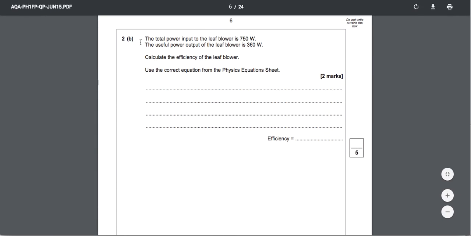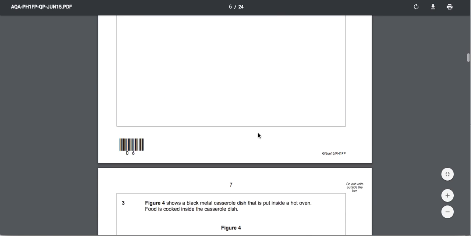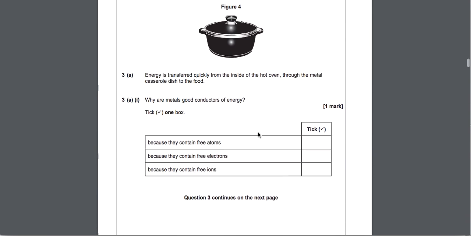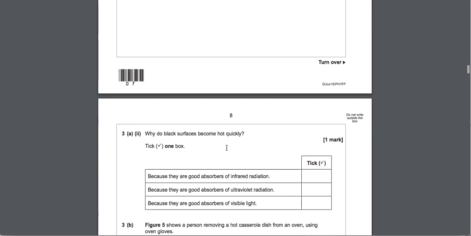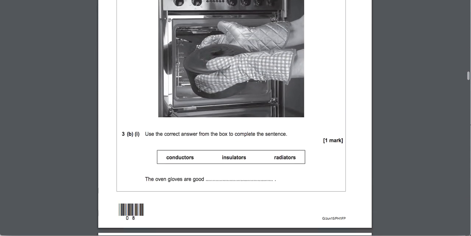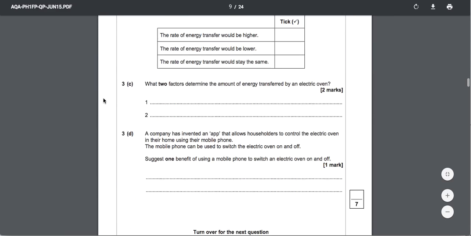And this would be a maths question. You have the physics equation sheet and both of your variables, and all you're going to do is figure out the answer and write it here, including units. As you can see, we have another multiple choice, another multiple choice, another multiple choice.